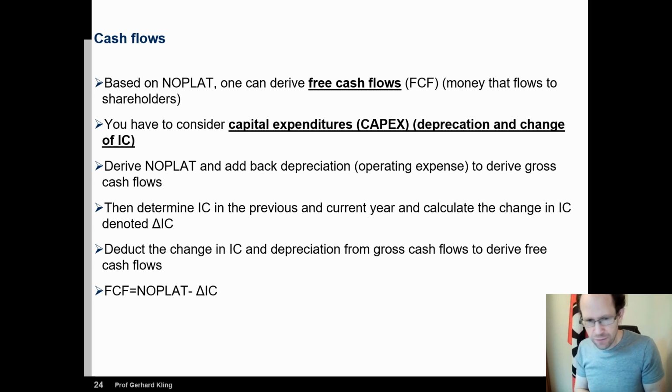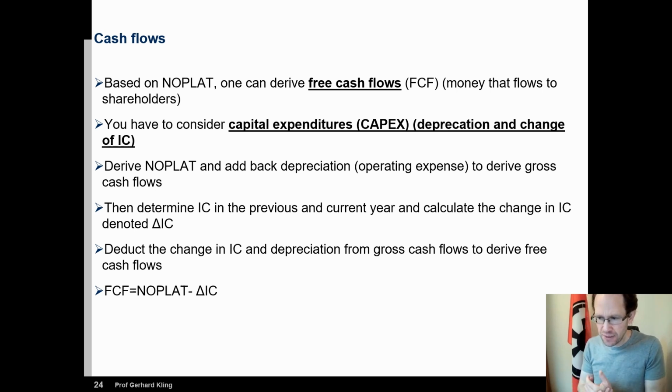Now, what do we have to consider when we talk about these free cash flows? So first of all, we have to keep the business going. So that's quite fundamental. So certainly, if assets depreciate in value, for instance, the machinery needs some replacement, that needs to be considered. So if you want to maintain our invested capital, depreciation is definitely something which we have to consider.